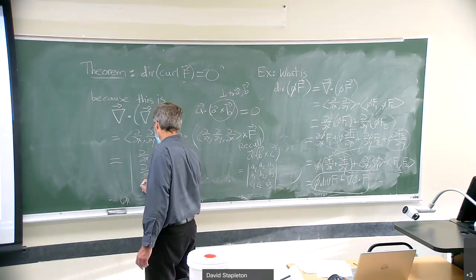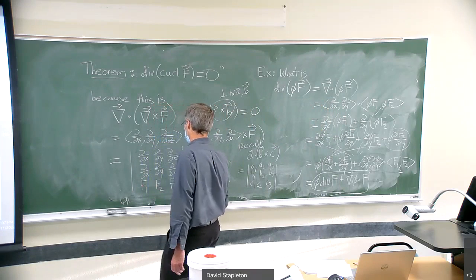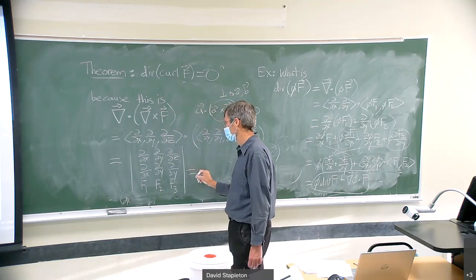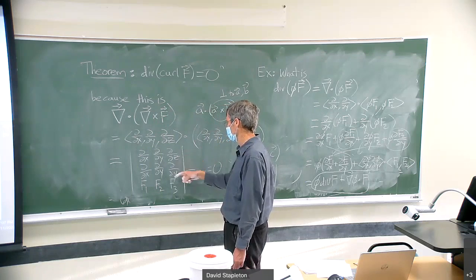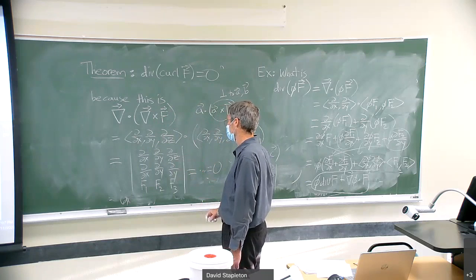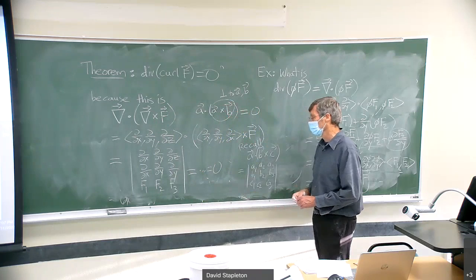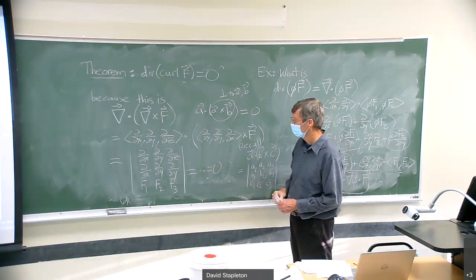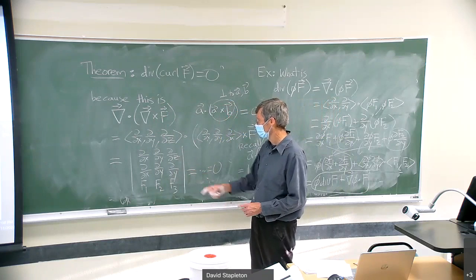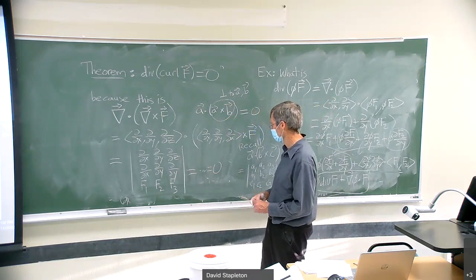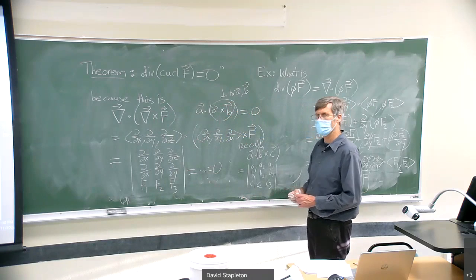And then F1, F2, F3, because F has 3 components in 3 dimensions. Now if you compute this out, just compute the determinant, you get 0, and it's because these two rows are the same. So there's the proof, except for a few boring computational steps to show that two identical rows give determinant 0. That's the proof that the divergence of the curl is 0.